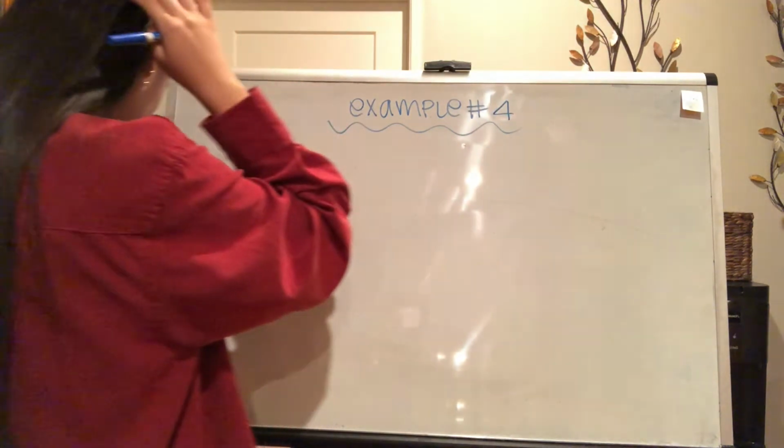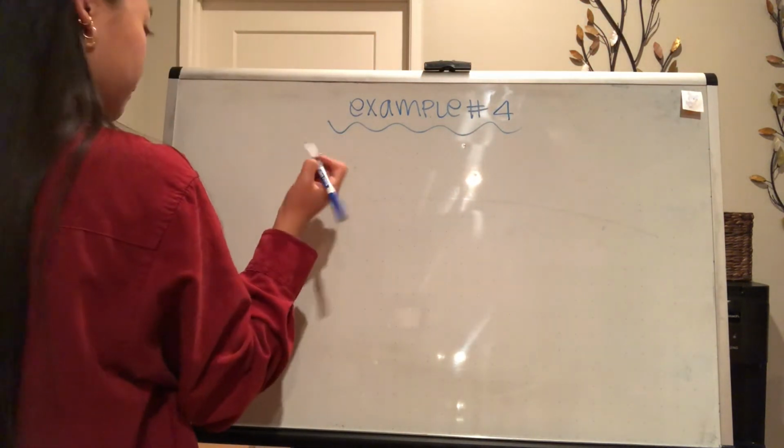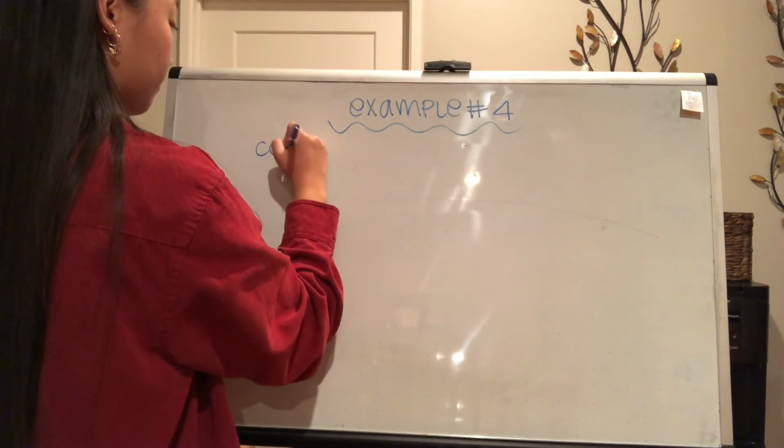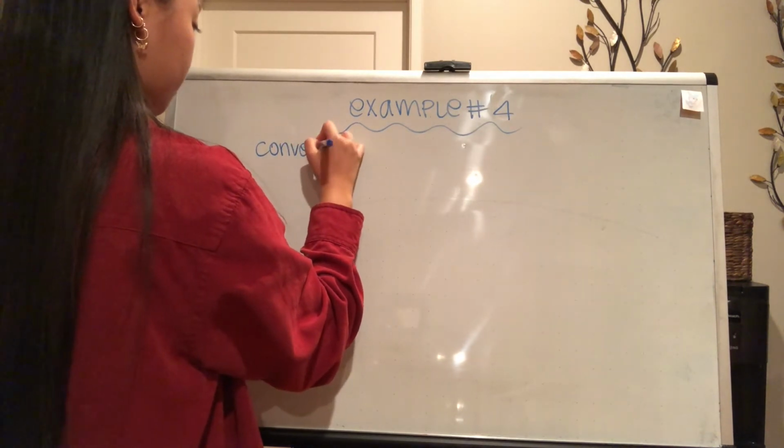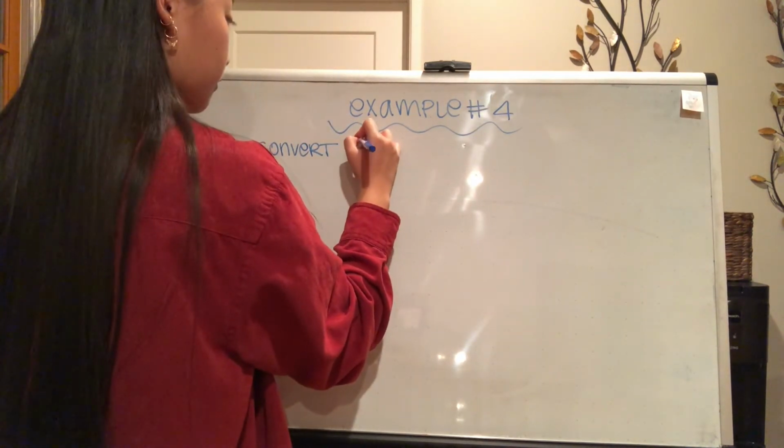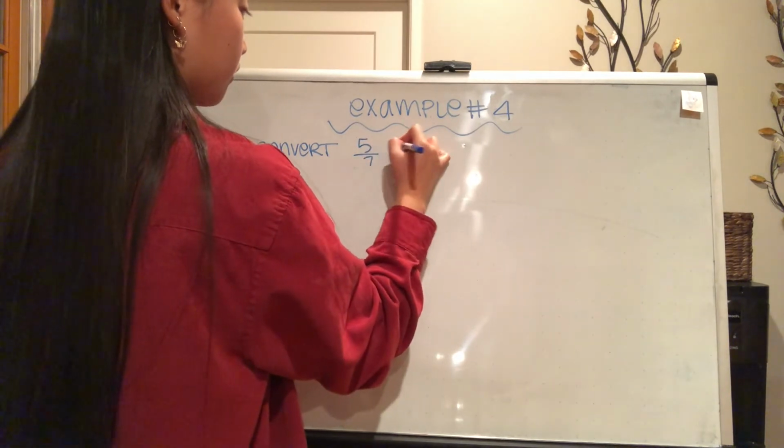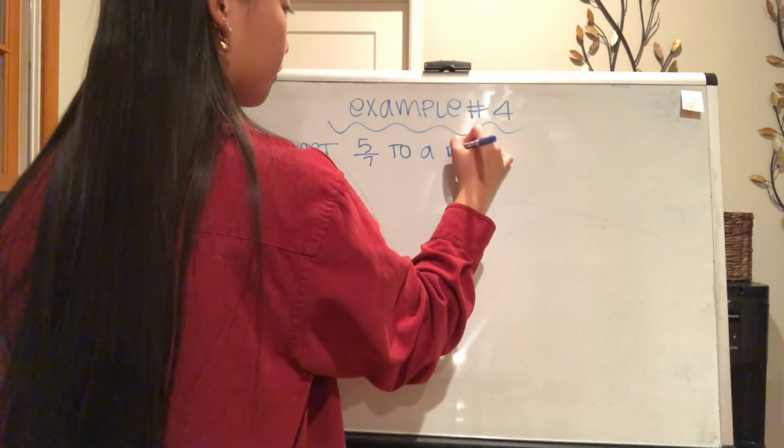Next is example 4. So we're going to convert 5 over 7 to a decimal and then round to the nearest hundredth.